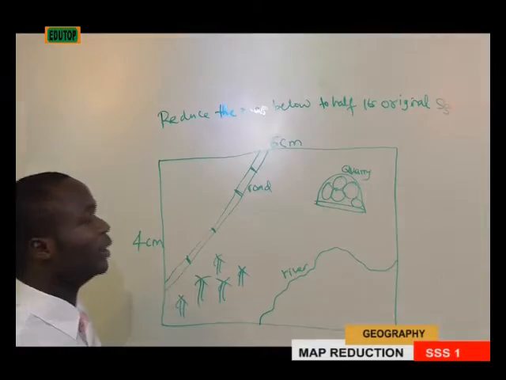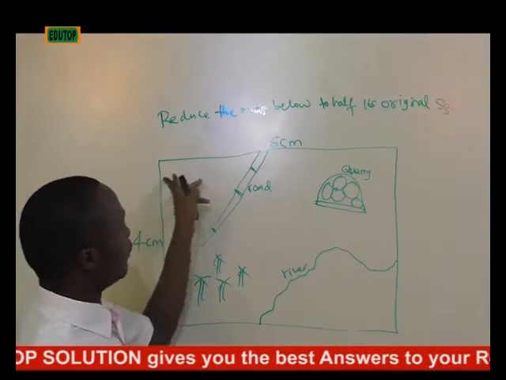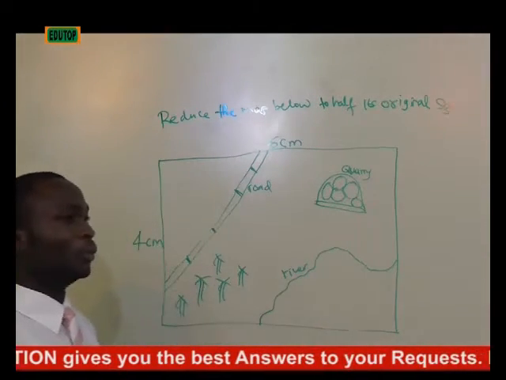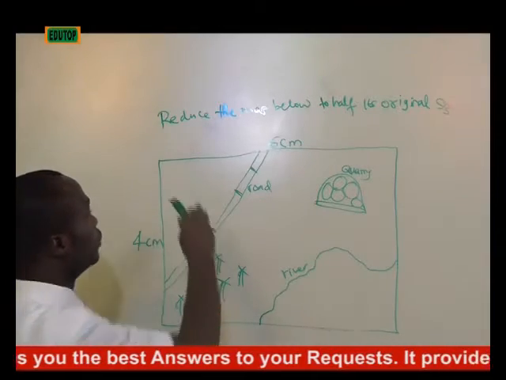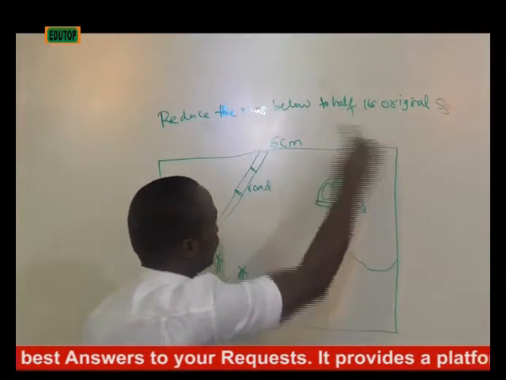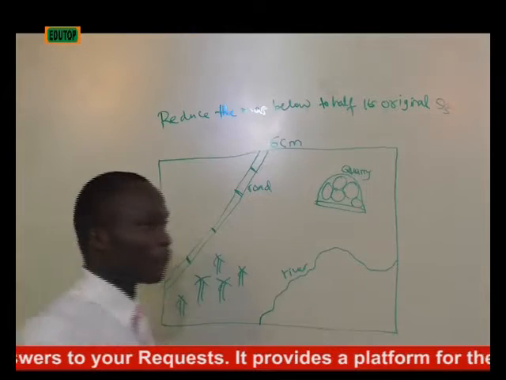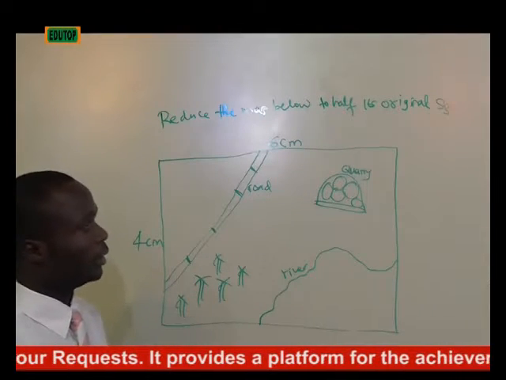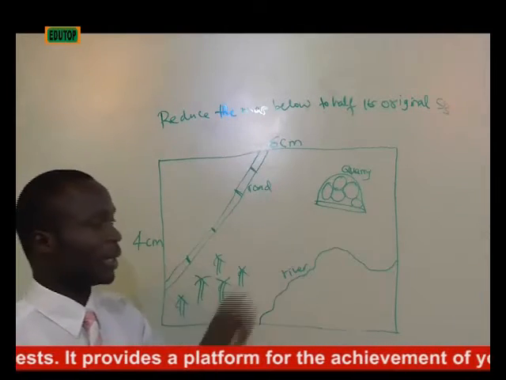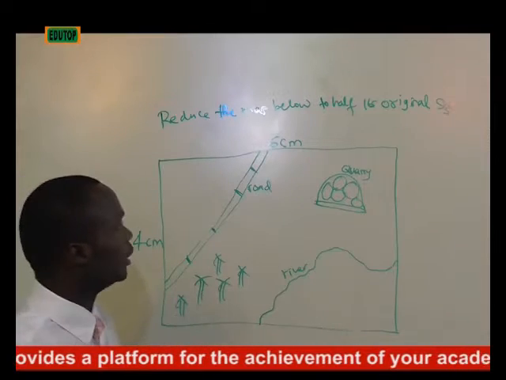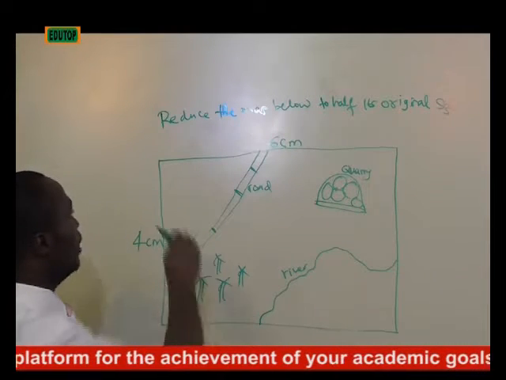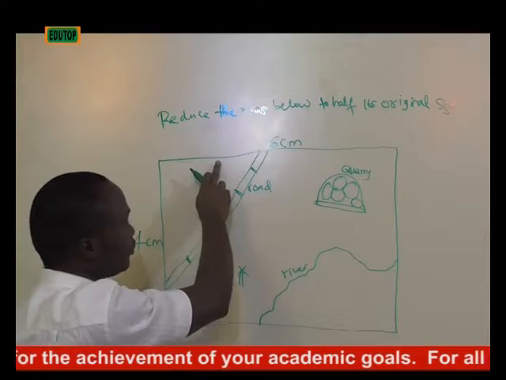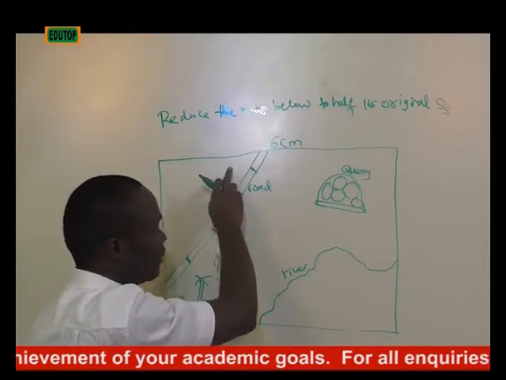And by gridding, having known the distance, you think of how you are going to divide this distance from here to here equally. If this is 6 centimeters, to divide this equally, that means you will measure 3 cm each.